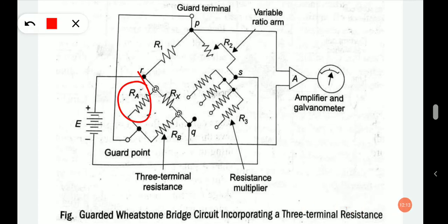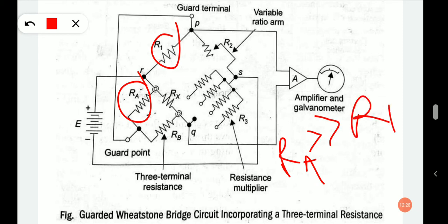The resistance Ra is connected to the bridge resistance R1 in parallel, but since Ra is comparatively much larger than R1, the shunting effect becomes insignificant.